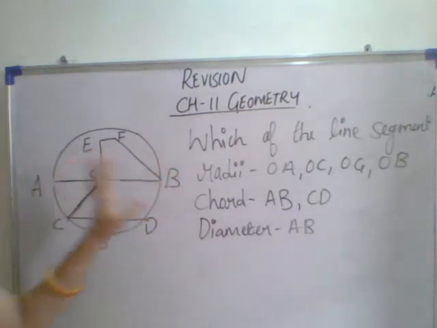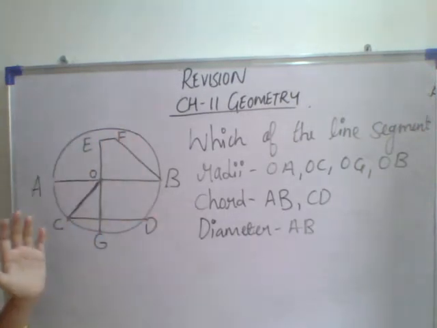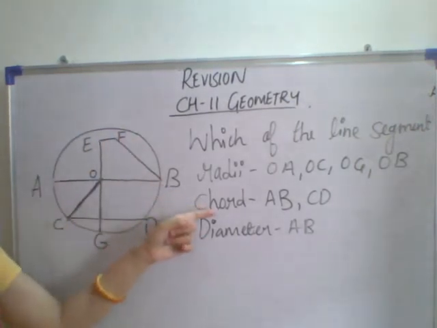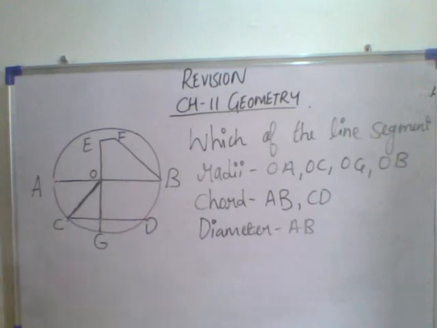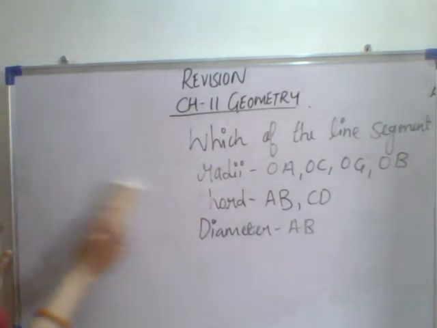In this figure which one is the diameter? In your mind it should be clear what is diameter, what is chord, what is radius. All these definitions you must learn properly.